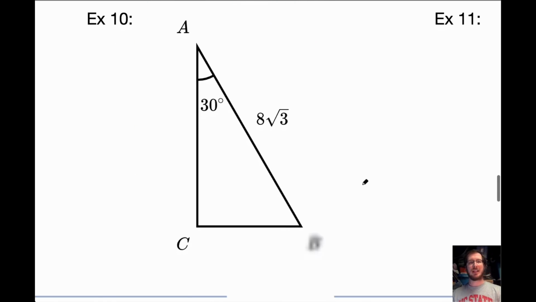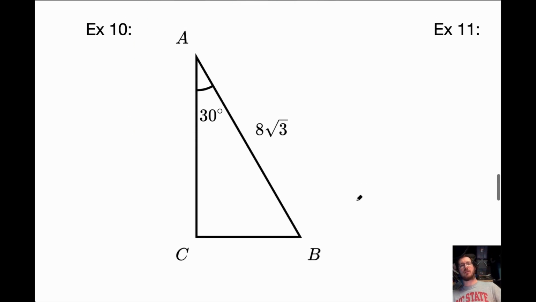All right, let's look at example 10. Underneath that one, we've got triangle ABC. Again, we're told in the directions this is a right triangle, so angle C is a right angle. We've got a 30-degree angle up here, so the complement to 30 is 60 degrees. So that's a 60-degree angle for angle B. And we're given the hypotenuse. They want us to come up with the short leg and the long leg.